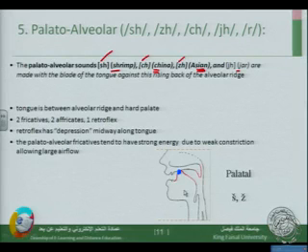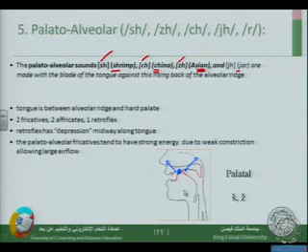So the tongue is between the alveolar ridge and the hard palate. This is the hard palate, and this is the alveolar ridge. So it comes between them.